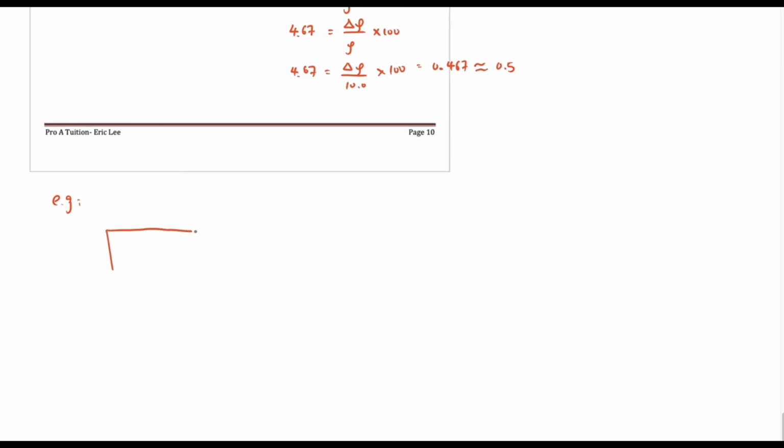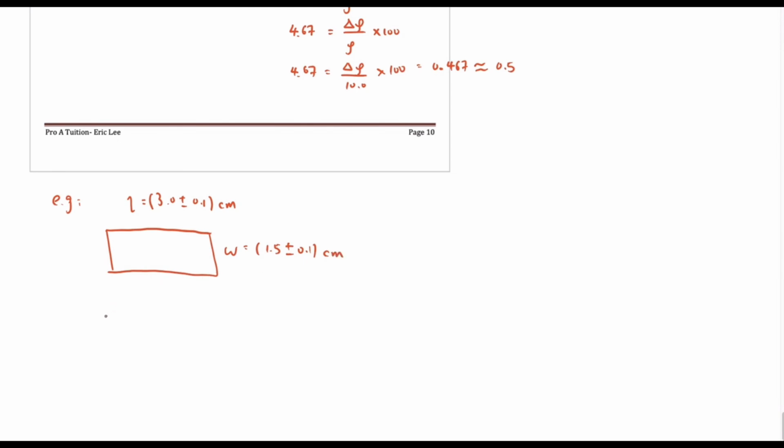I have a rectangle. The length is 3.0 plus minus 0.1 cm. The width is 1.5 plus minus 0.1 cm.